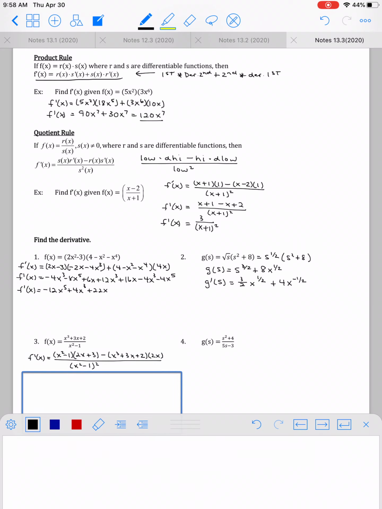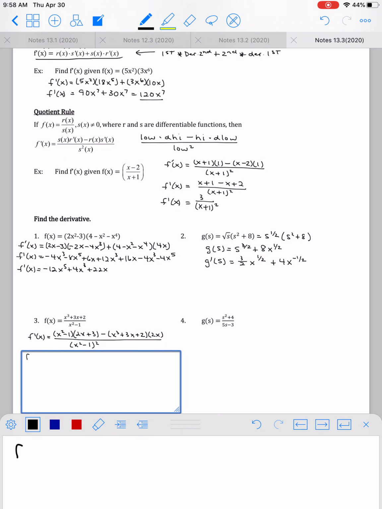Now we're going to simplify and see where we land here. All right, so using FOIL, we get 3x to the 4th, and then oh boy, whoops, we've got a little bit of an issue there.